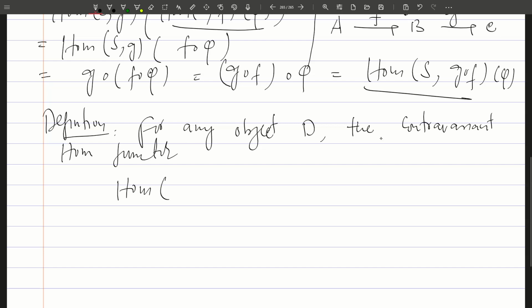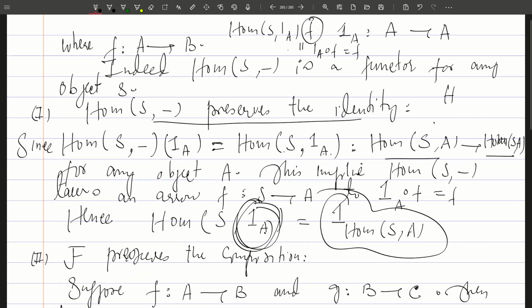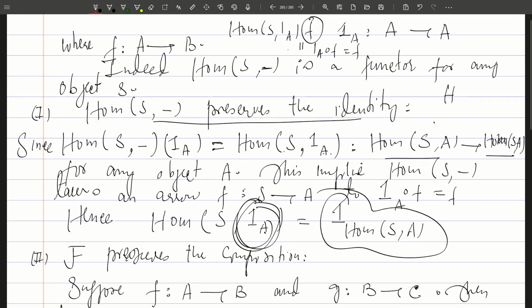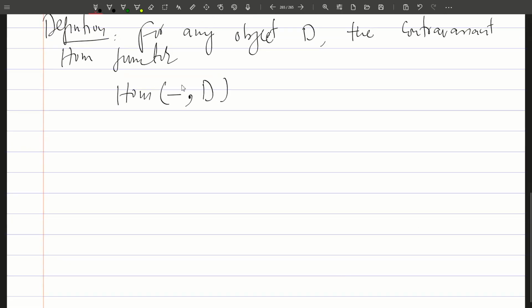So now we keep the dash at the first place, then the object D. In the previous case, we wrote dash here, and at the first place we wrote the object S. Now in this case, we have dash first, then the object. So this is actually a functor from the dual of S to the category Set.